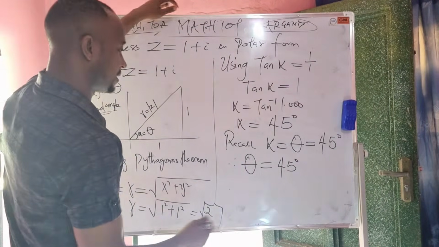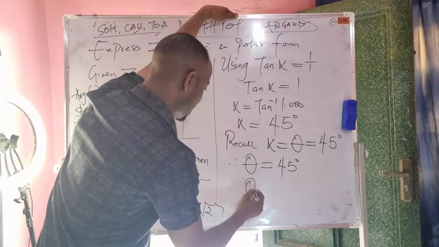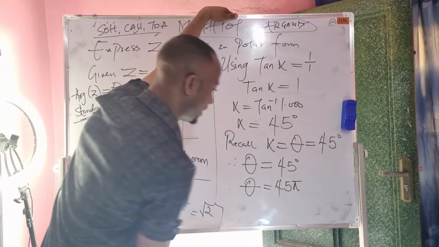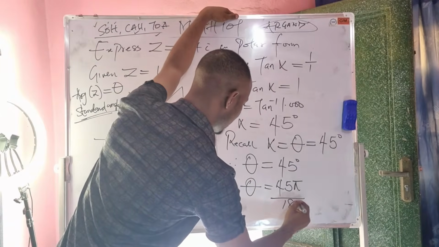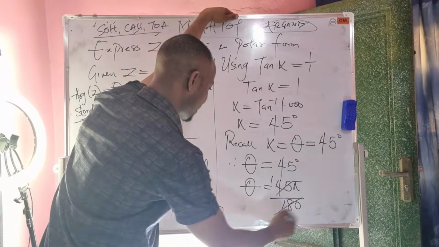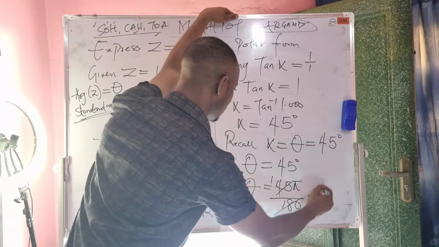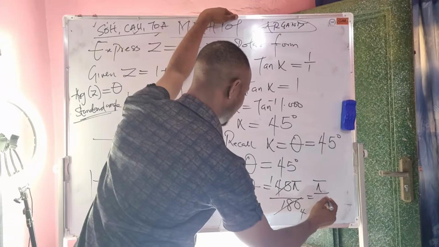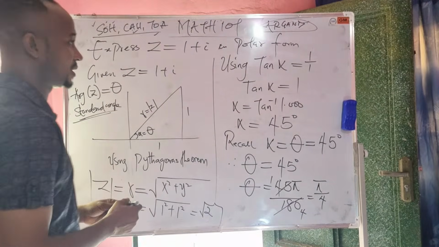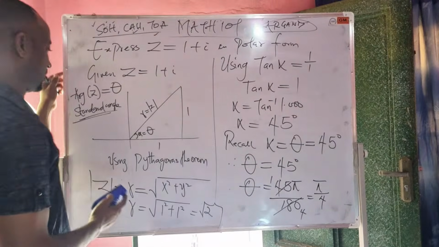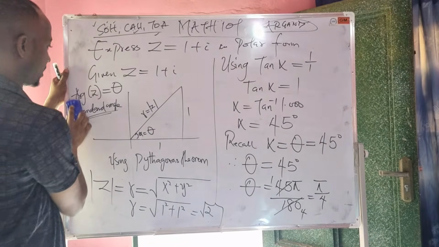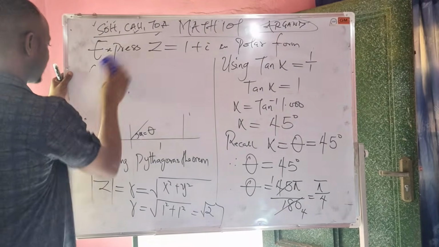To convert theta, we simply multiply 45 by 1 radian, then divide by 180. 45 goes into itself once, and into 180 four times. That gives us 1 radian over 4. I'm going to explain this so we can understand how to convert. Please take note of this.